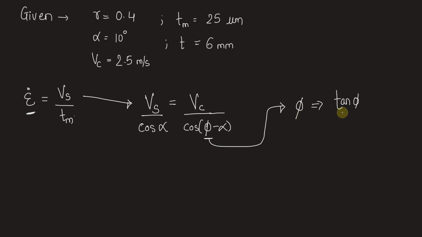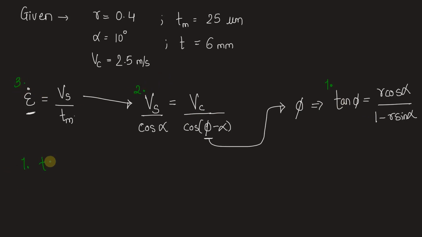So phi here can be calculated using tan phi is equal to r cos alpha upon 1 minus r sin alpha. This formula is a standard formula used to calculate the shear angle for metal cutting process. Now let's start by using the shear angle formula, go to finding out Vs and then finally finding out the shear strain rate.